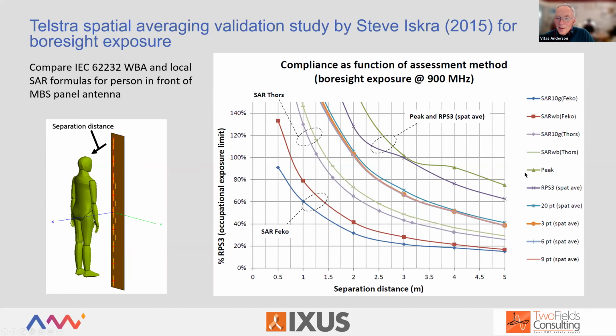And he also looked at the peak field as well, which is kind of what we're using at the moment. And what he found in all those cases was that the spatially averaged fields were always less stringent than the basic restriction SAR compliance curves.